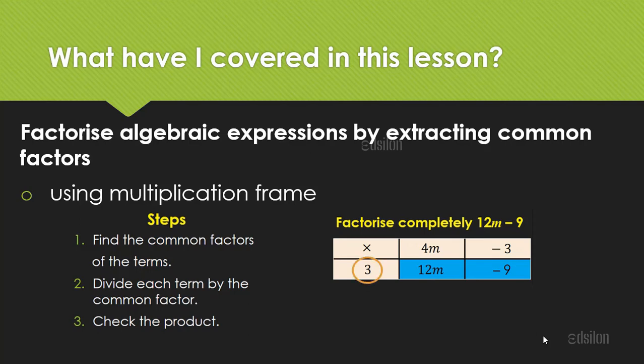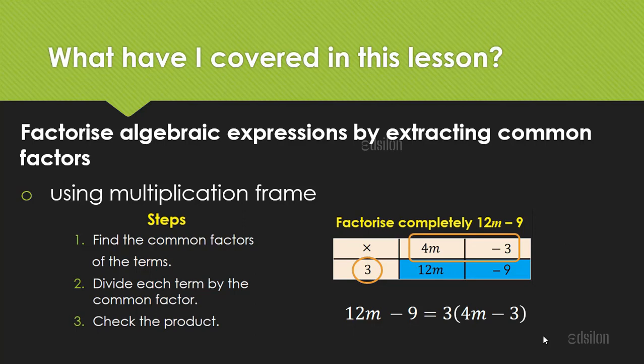Next, we divide each term in the given algebraic expression by the common factor to obtain the terms in the other factor. So we divide 12m and negative 9 by 3 to obtain 4m and negative 3. We can now write 12m minus 9 equals to 3 times of 4m minus 3.